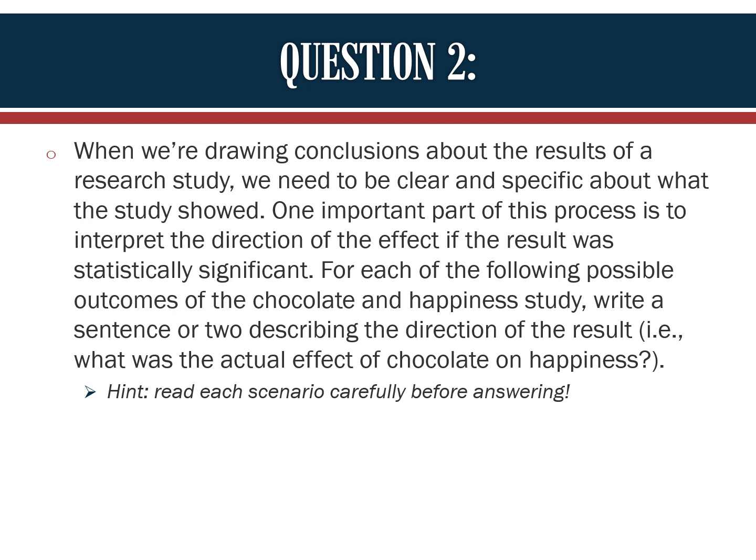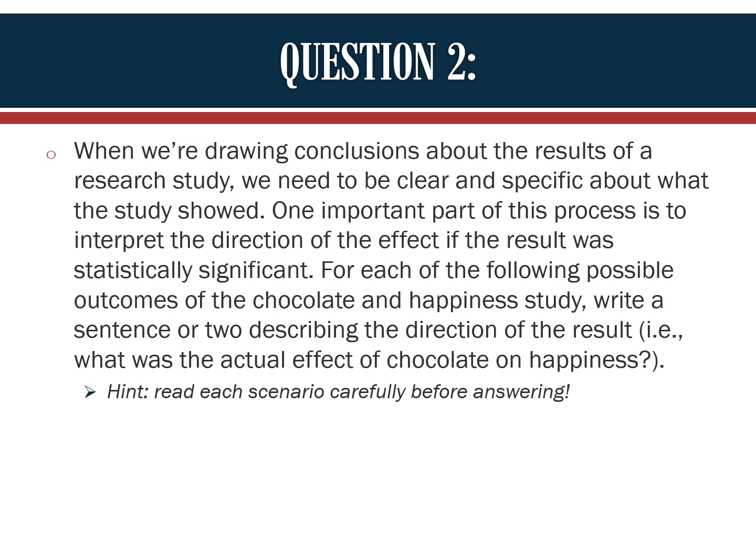Question number 2 is about drawing conclusions. So when we're drawing conclusions about the results of a research study, we need to be clear and specific about what the study showed. One important part of this process is to interpret the direction of the effect if the result was statistically significant. So for each of the following possible outcomes of the chocolate and happiness study, your job for question 2 is to write a sentence or two describing the direction of the result.